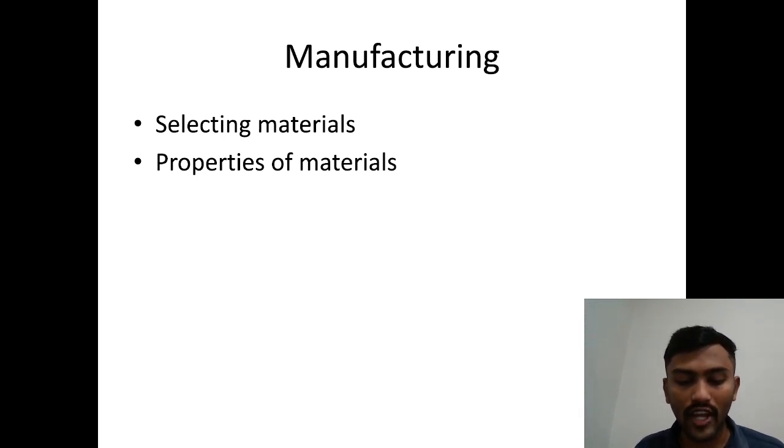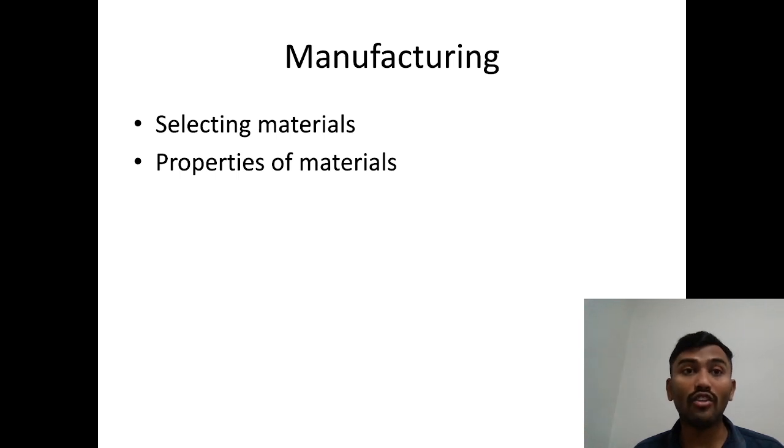For example, if you are doing manufacturing and your product is an aircraft wing, to make an aircraft wing you need alloys or composite materials: titanium, nickel alloys, or composite materials like metal matrix composites. There is no need for plastic, thermoplastics, or wood, because we need a very strong material for an aircraft wing.